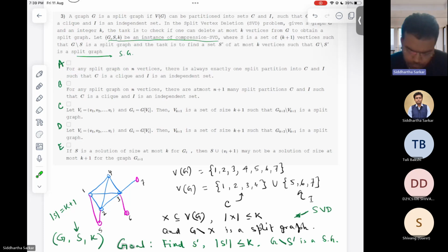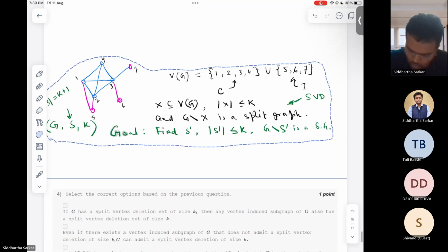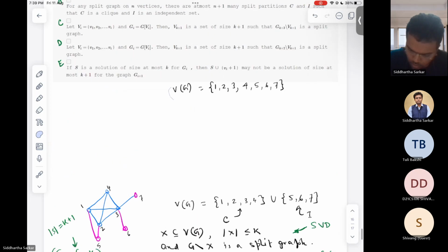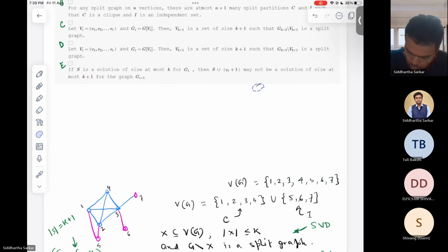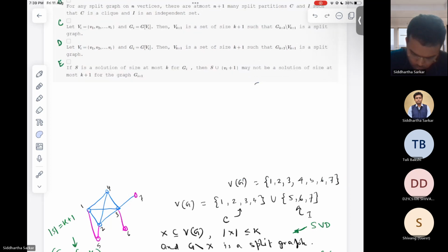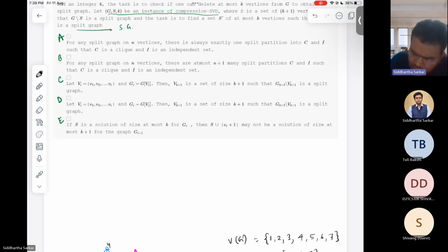Okay, so I'll give you an example. Let's do one thing. I'll push these things slightly below so that we have the question in our view. So consider this graph. Okay.